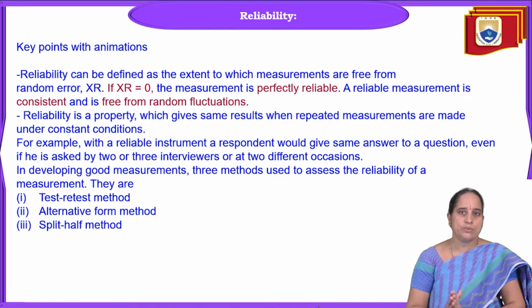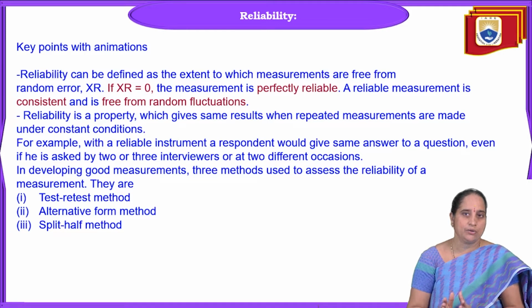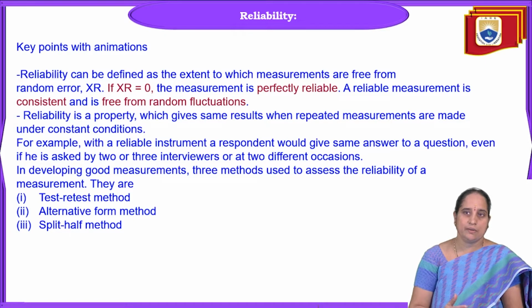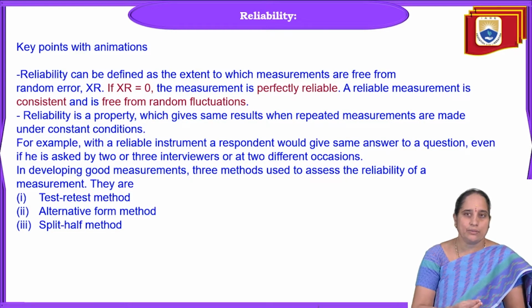They may not be under the control of the decision maker, because no one can predict natural calamities well in advance. So random errors in reality cannot be eliminated. Only in theory, when random error is equal to 0, is the measurement perfectly reliable.